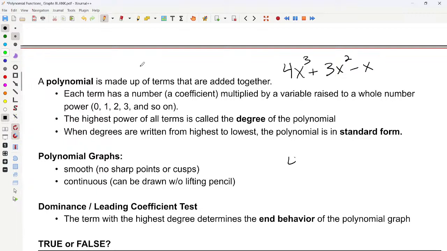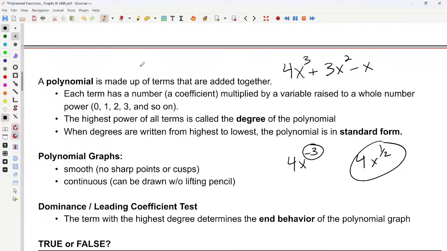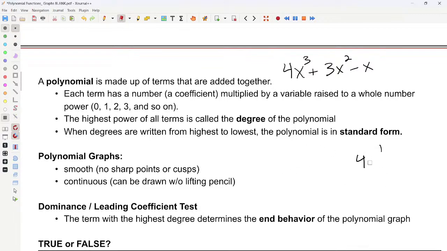Now, this is a power function, but a polynomial does not allow negative exponents. This is a power function. A polynomial does not allow fractional exponents. A polynomial is basically power functions with only positive integer exponents. Don't overcomplicate it. You don't need to know its definition by heart.